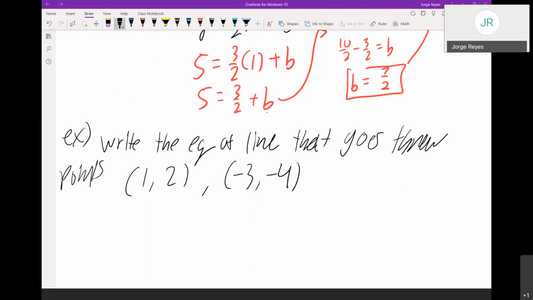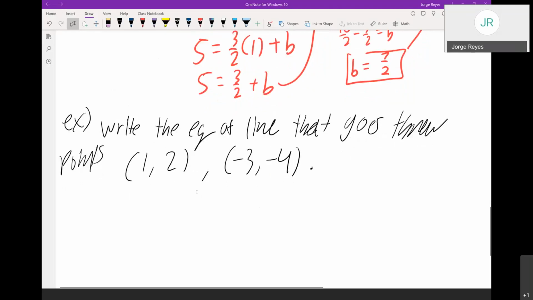Okay, so here it's just kind of a longer version of the question because they didn't give you the slope. So you have to figure that out first.